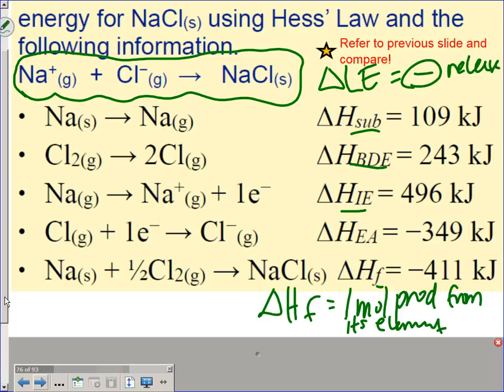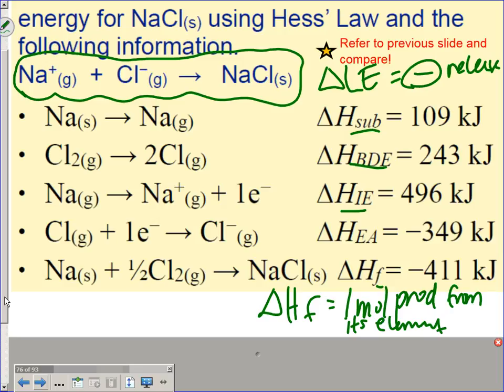That delta H is negative 411 kilojoules. Don't touch that. I'm boxing it off so I remember that needs to stay.